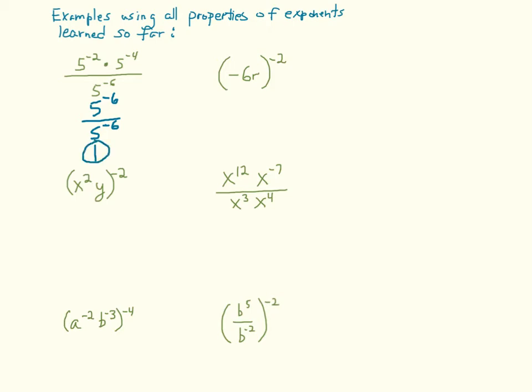Alright, in this next example, I've got negative 6r to the negative second. The first thing I'd like to do here is to make that 1 over, I'll leave the parentheses for now, and that needs to be a positive exponent.